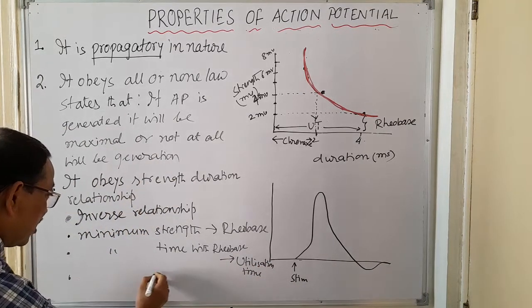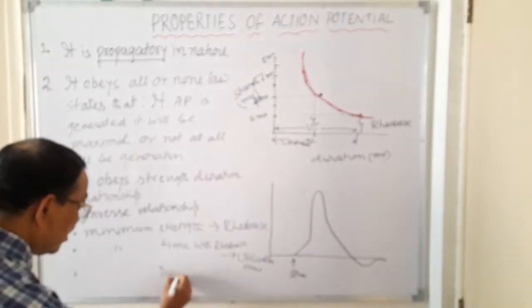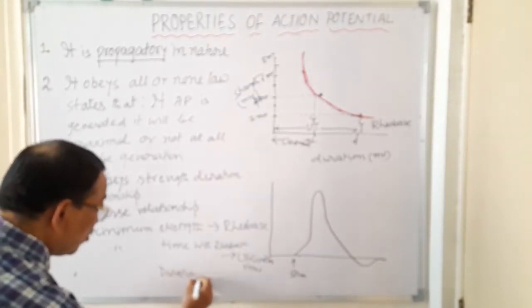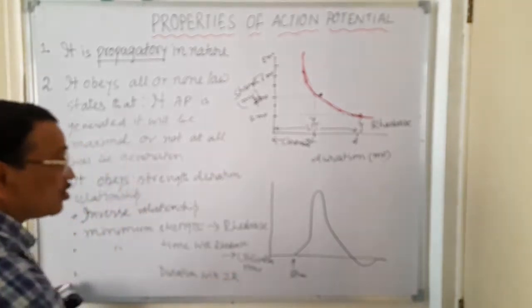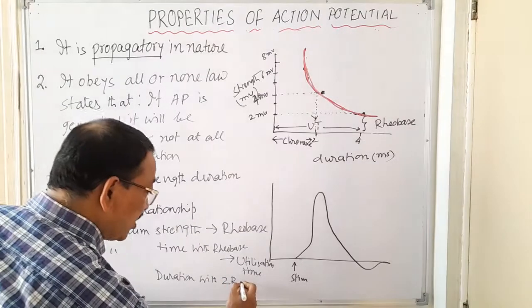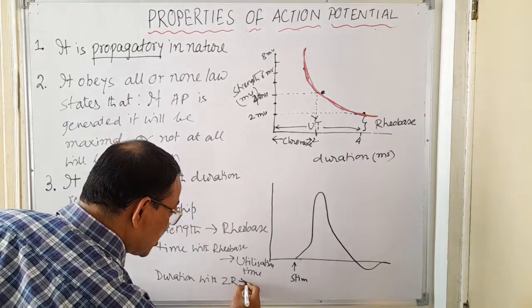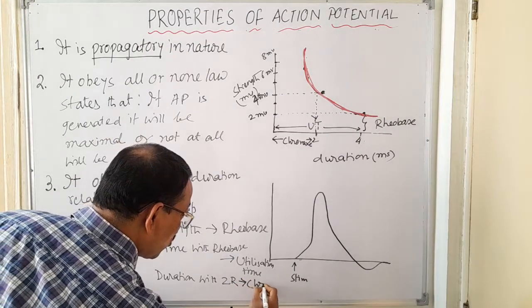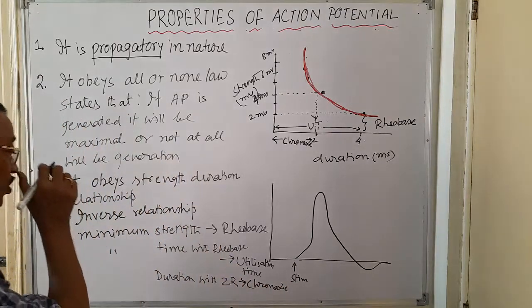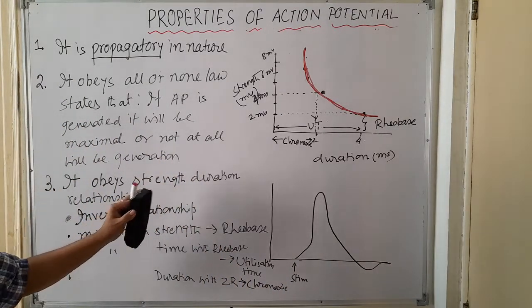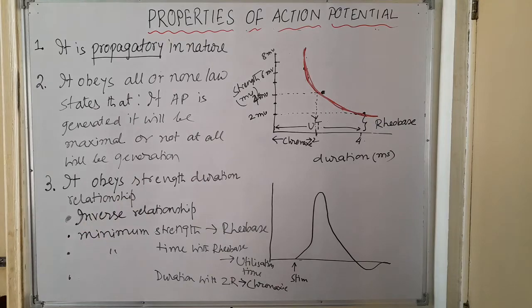And the duration with twice the Rheobase voltage to induce the action potential is known as the chronaxy. So these are three terms which are important with the strength duration relationship curve.